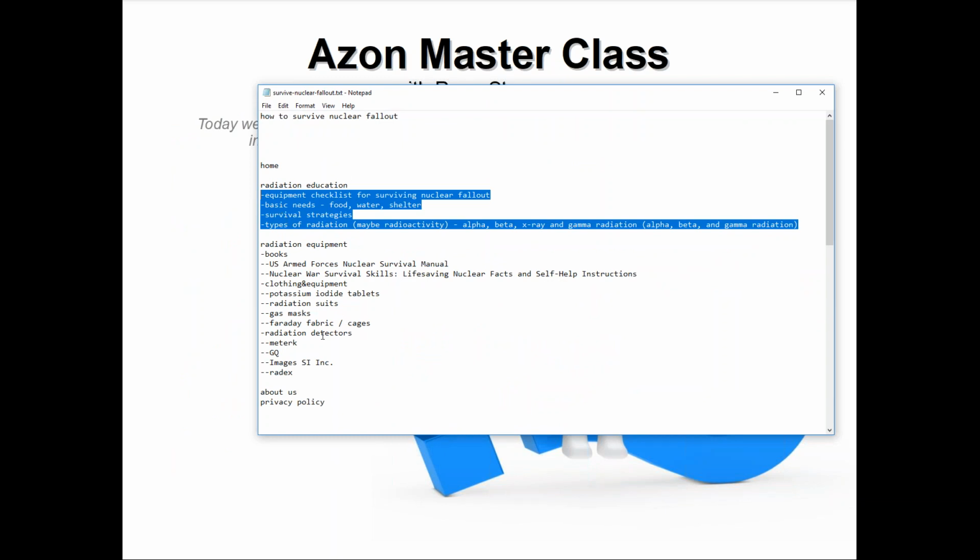I would maybe even consider doing backwards of what I have done here. What I've highlighted on my screen, these are informational pages where I'm not going to have any ads on these pages at all. These pages, though, will link up to other pages on my site that do have ads on them.